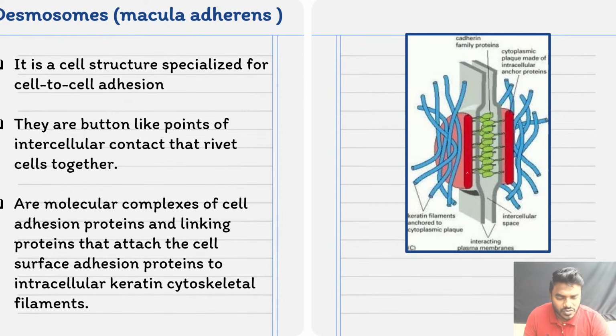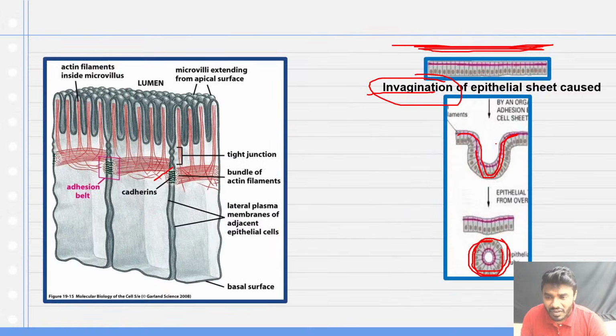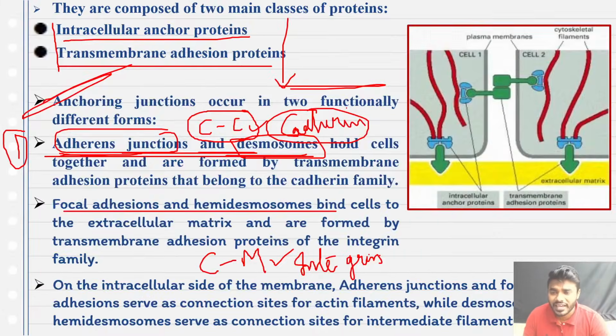This desmosome, listen friends, connects the keratin filaments of one cell to the keratin filaments of another cell via cadherin as the transmembrane protein. You can see very clearly in the diagram, because we read it clearly.